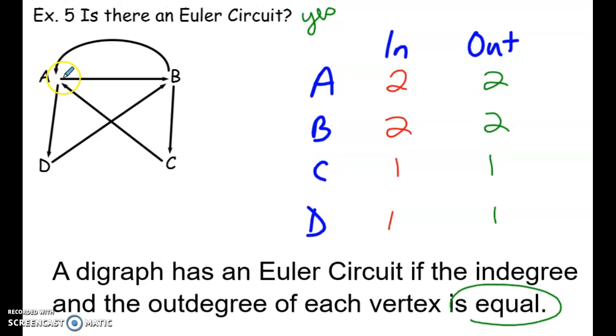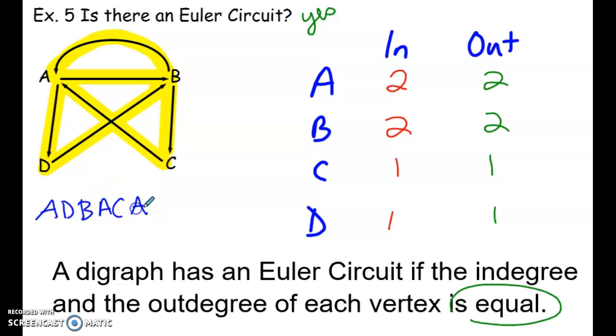So if we start at A, we could go A to B, B to C, C to A, A to D, D to B, and then B to A. Okay, so that would be one way. And then notice we said it was a circuit, but we can also see that it's a circuit because if I would write down the letters of the order that I went, A, B, C, A, D, B, A, that first and last letter are the same.